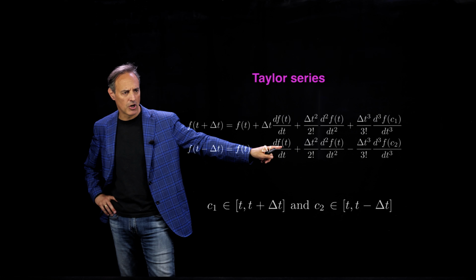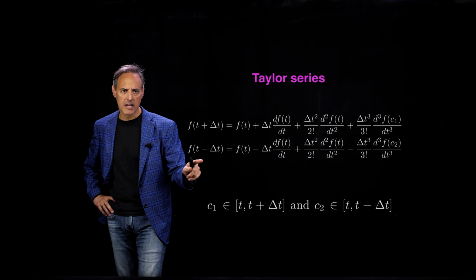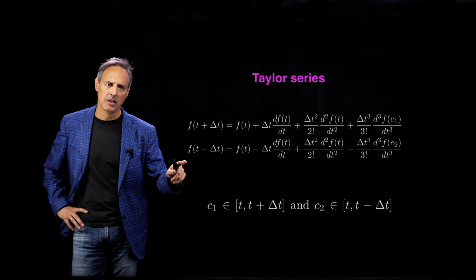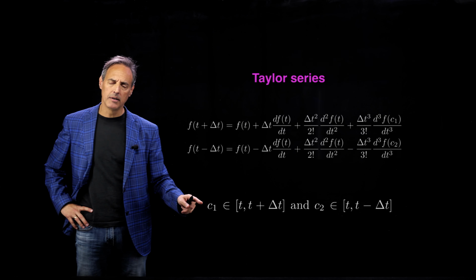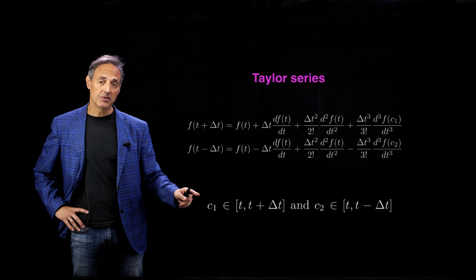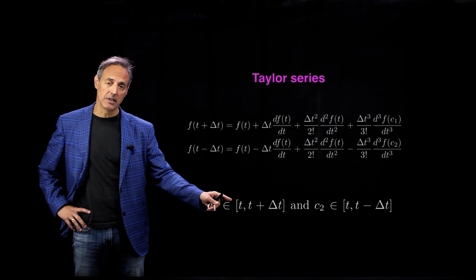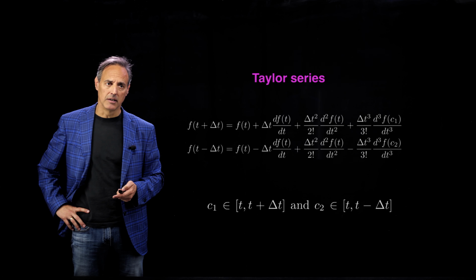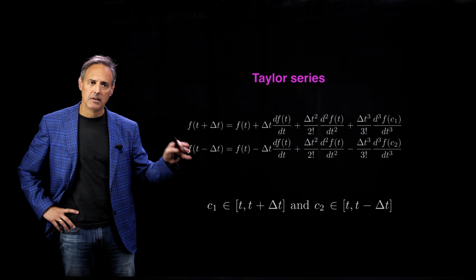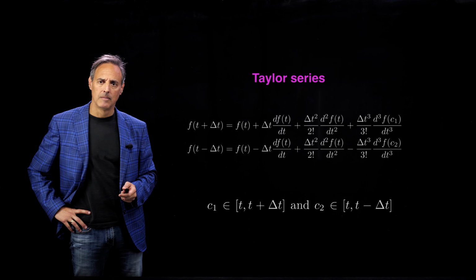So C2 is the constant that goes at the end, but again it is an exact expression. The important thing is that the constant C1 lives somewhere between t and t plus delta t, and the constant C2 lives between t and t minus delta t. So everything here is exact.